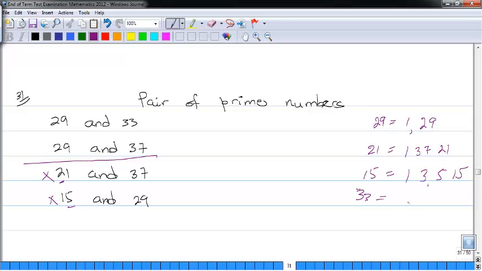We have 1, we have 33, and 3 can go into 33 11 times. So we established that it cannot be A, because 33 is not a prime number, it's composite. So our answer is going to be B, 29 and 37.